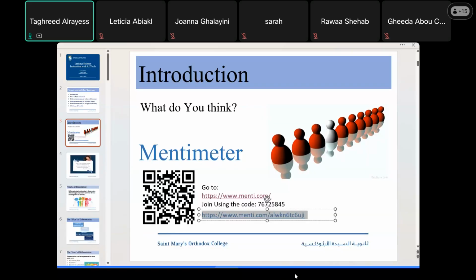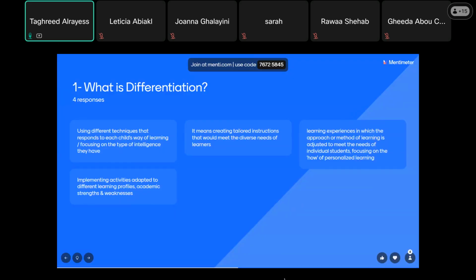Great. Implementing activities adapted to different learning profiles, academic strengths, and weaknesses. Perfect. Level of readiness. Differentiation is tailoring lessons to fit all learners. Great. So all that has been mentioned is correct.